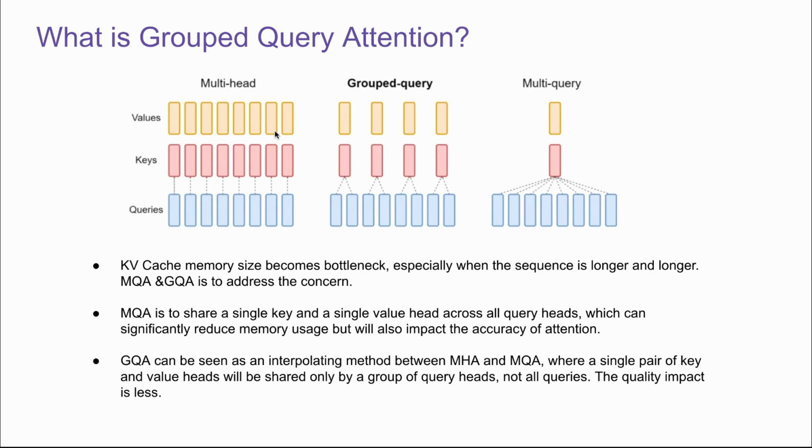If we want to cut that memory, an intuition is, can we group some of them? Can we merge 2 into 1 or 3 into 1? Or in the extreme, merge everything into 1? GQA and MQA are doing that. MQA is pretty extreme, with all the query heads corresponding to one key and one value, and group query is in the middle.